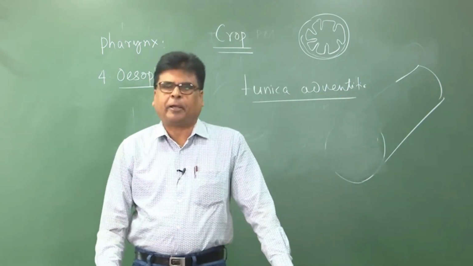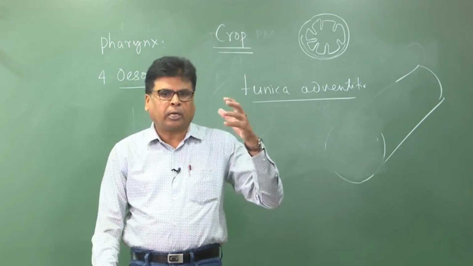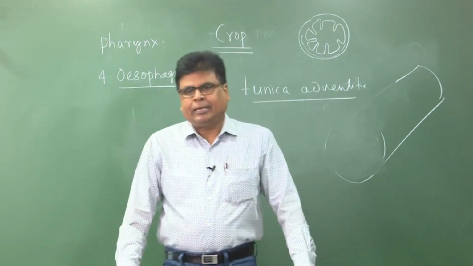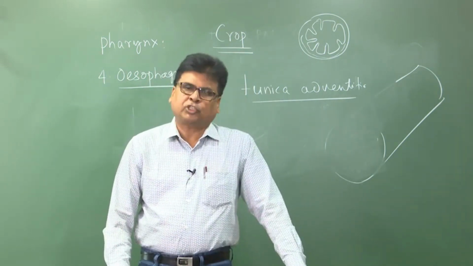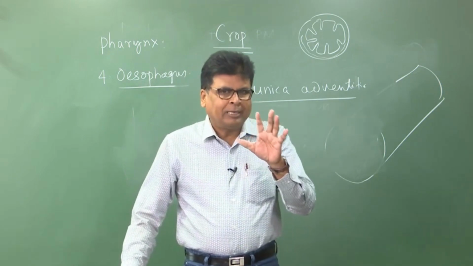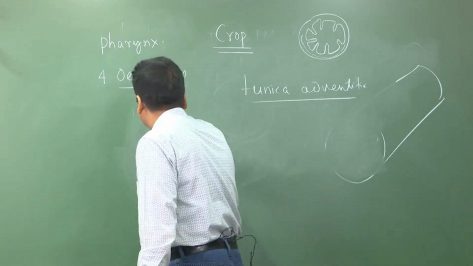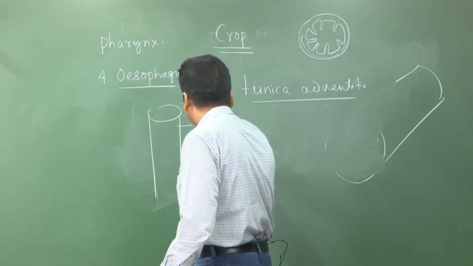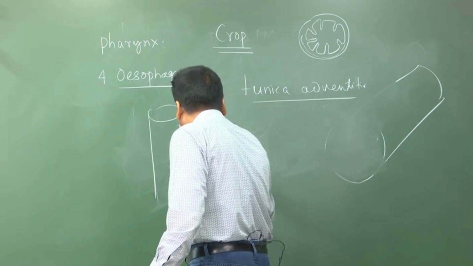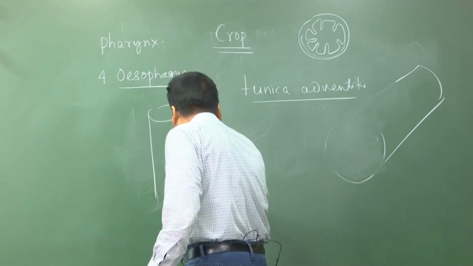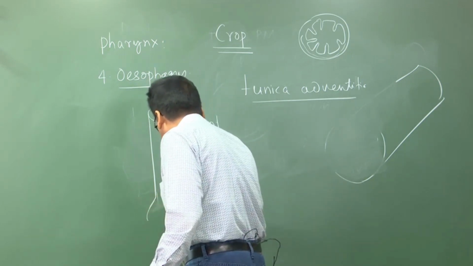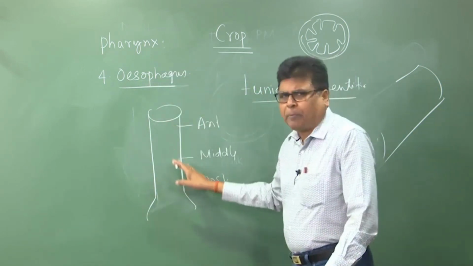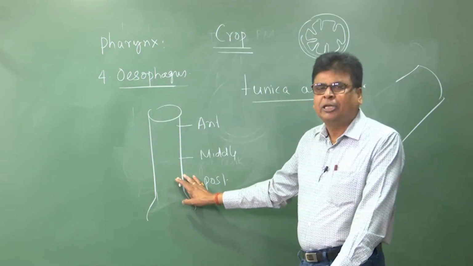Secondly, the muscle fibers continue towards the inner surface. The muscle fibers in its anterior part are striped, a point to be noted. If this is the oesophagus, this is the anterior part, this is the middle part, and this is the posterior part, which continues with the stomach. Different parts of the oesophagus contain different types of muscles.